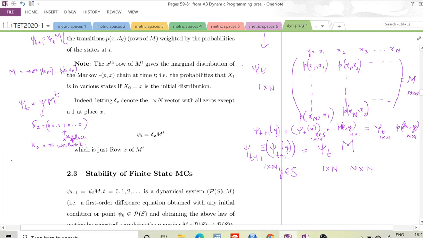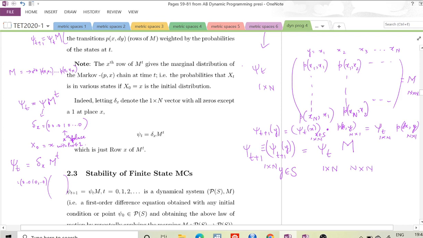Then the marginal distribution of being at any state y in time period t, ct, is equal to, by this formula, delta x times m to the t, right? So that is zeros everywhere, 1 in the xth place, times the matrix m to the t, right?